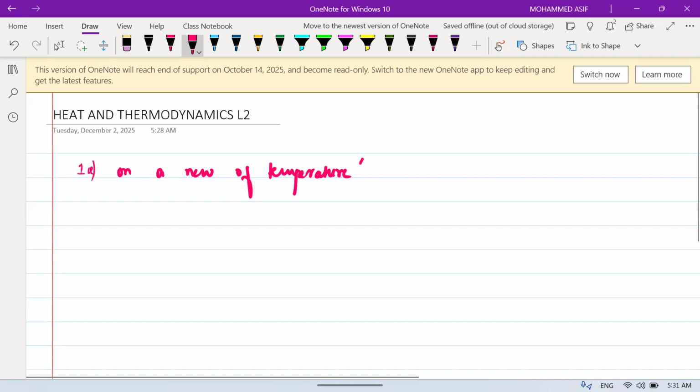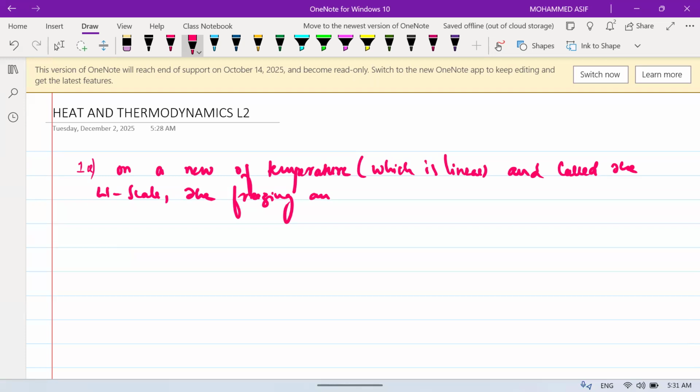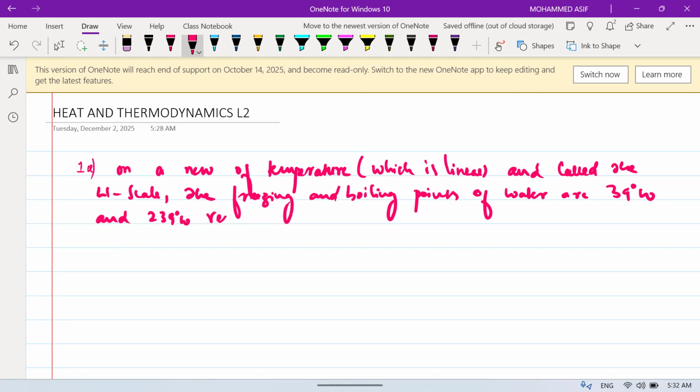On a new scale of temperature which is linear and called the W scale, the freezing and boiling points of water are 39 degrees W and 239 degrees W respectively.